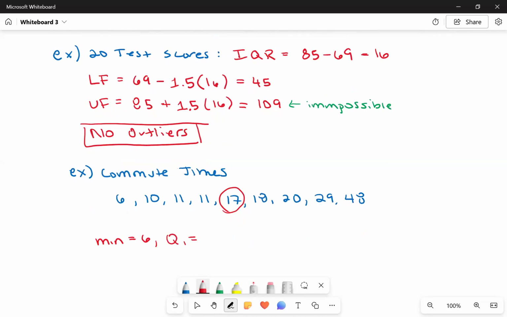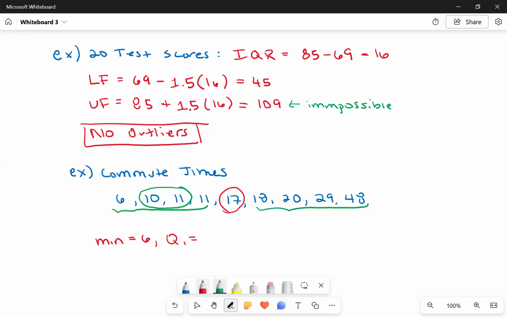So Q1 is halfway between. Okay, so whenever you find the median, you kind of exclude that. So I look at the lower half of the data and then here is the upper half of the data. So I kind of ignore 17 since it happens to be in the middle. So to find the median for here, I'm going to look at these two values here in the middle. Okay.